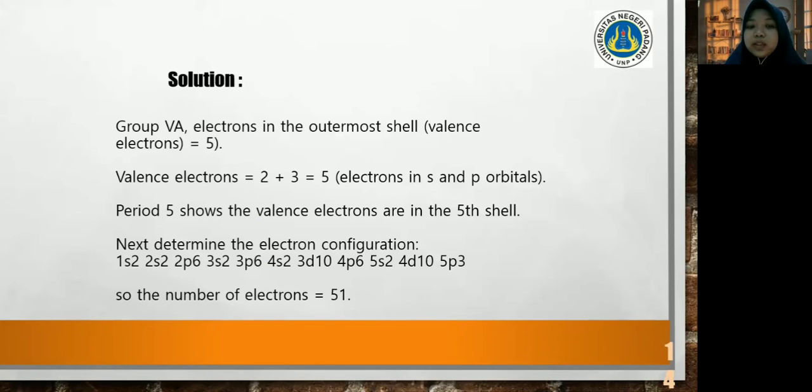Next, determine the electron configuration. They are 1s², 2s², 2p⁶, 3s², 3p⁶, 4s², 3d¹⁰, 4p⁶, 5s², 4d¹⁰, and 5p³. So the number of electrons equals 51.